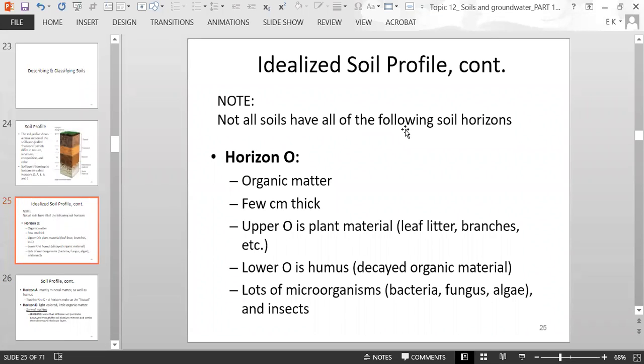So in autumn, when the leaves fall off the trees, you get layers of leaf litter. And then lower down, where the leaf litter starts to decompose, that's going to form the humus layer. You also get lots of microorganisms within horizon O, like bacteria, fungus, algae, and insects.